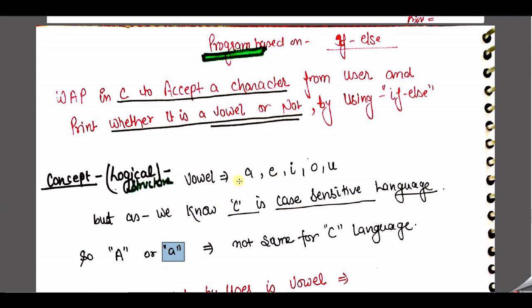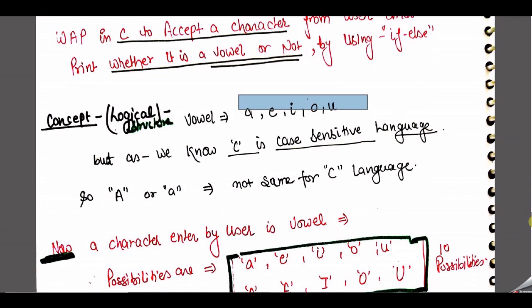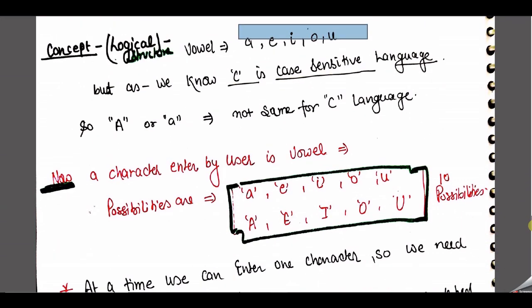Okay. So to check whether the given alphabet is a vowel or not, we need to mention all lower and upper vowel sets. That means if it is a, e, i, o, u or uppercase A, E, I, O, U, then our alphabet is known as a vowel. That means the entered alphabet is a vowel, otherwise the alphabet is not a vowel, or you can also say a consonant.